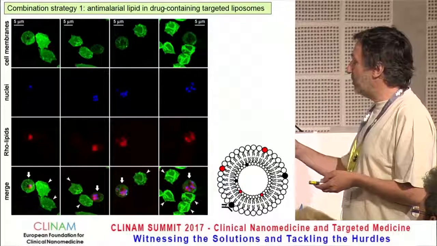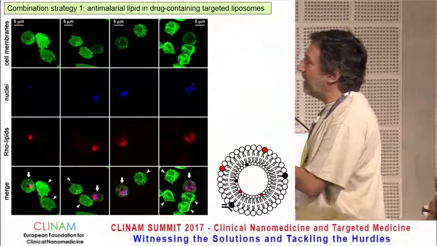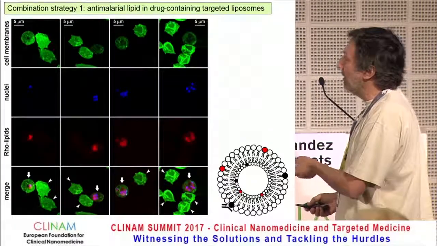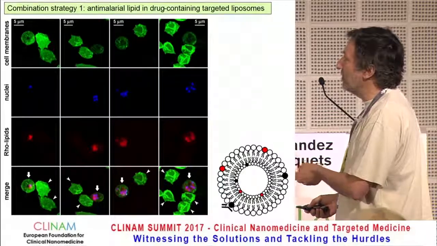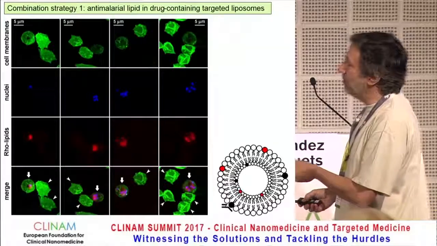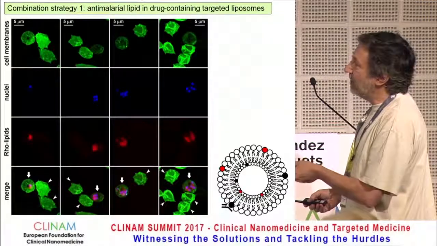One first combination strategy stemmed from our observation that when we were using liposomes that contain some fluorescent lipid, as you can see here, the blue DAPI staining tells you which of these red blood cells contain Plasmodium.